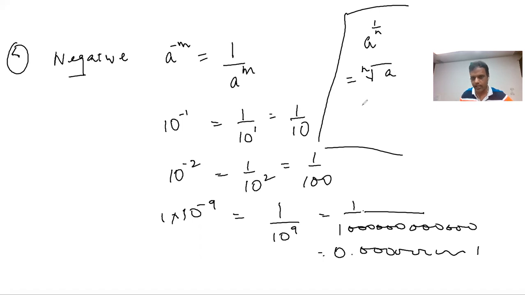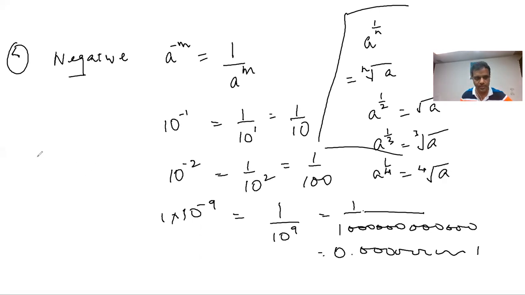I mean, if you don't understand the nth root, I'll explain in this fashion. A to the power 1 by 2 simply means square root of a. A to the power 1 upon 3 is cube root of a. A to the power 1 by 4 is the fourth root of a.